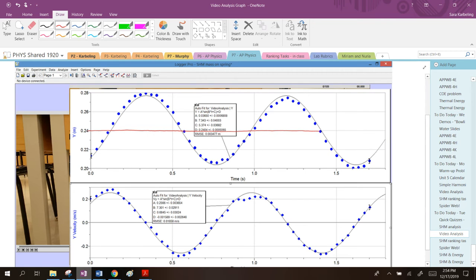I know, it's so cool, isn't it? There's my equilibrium. Take a look. When my displacement is at equilibrium, what do you notice about my velocity? Holy cow. And then the next time, it's at a minimum. And at the next time, it's at a maximum. Do you see how cool this is?